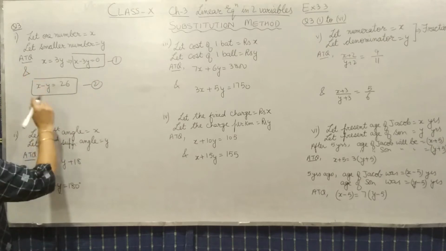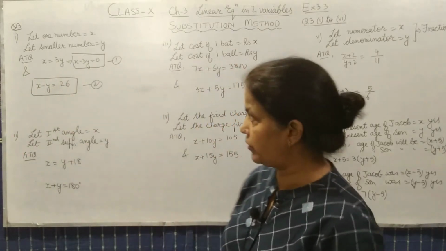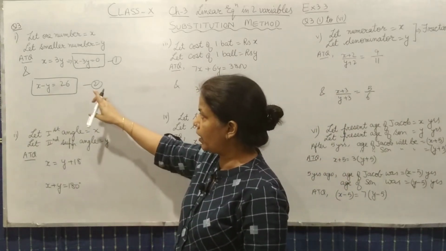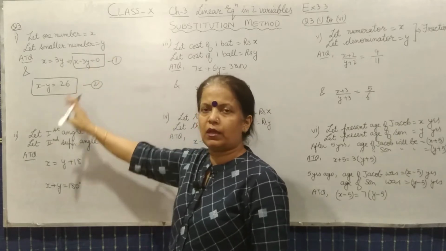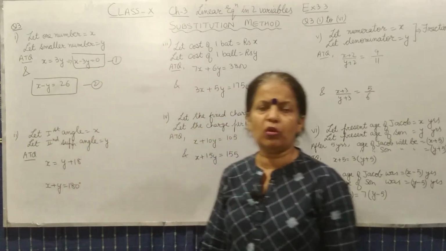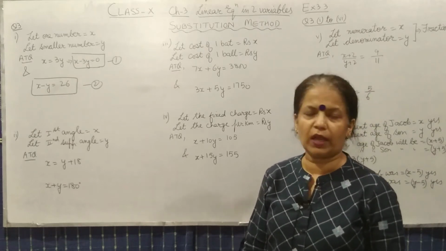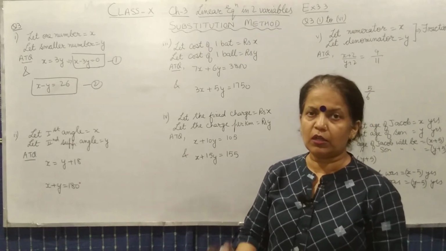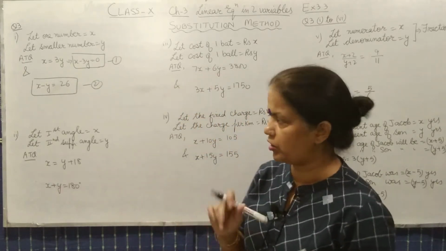So x minus 3y equals 0 will become the first equation and x minus y equals 26 will be the second equation. Now you will solve both equations by the substitution method to get the value of x and y. Got it? The substitution method we took in the previous class, so the same procedure you will follow.